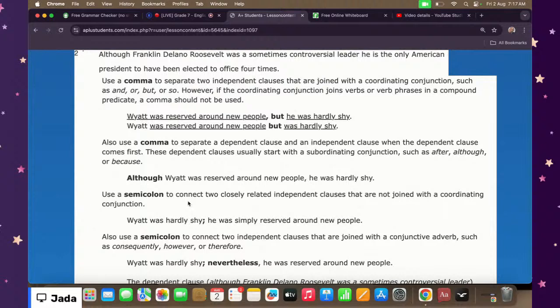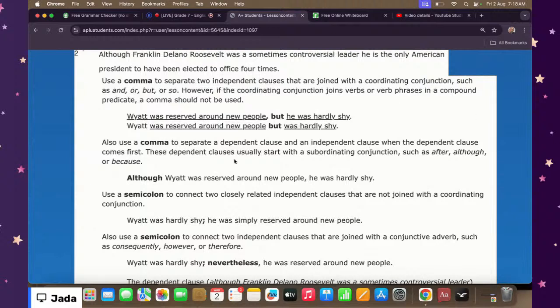Now also use a comma to separate a dependent clause and an independent clause. Dependent clauses need support; they cannot stand on their own. They are not complete. Like I've said, independent clauses are complete and do not need any support. So you use a comma to separate them when the dependent clause comes first.